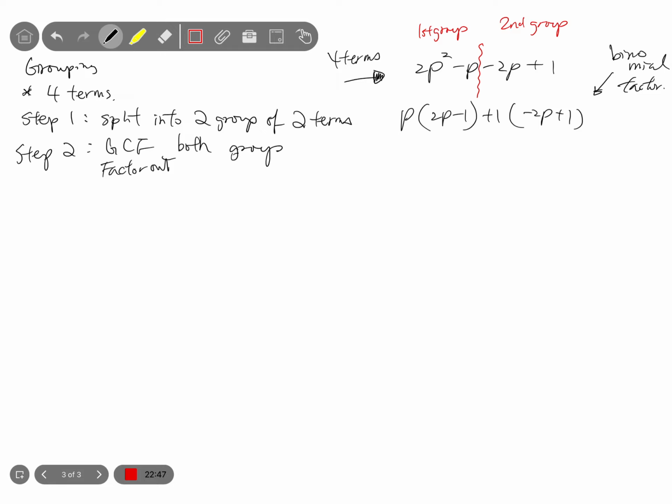So this tells me if the signs are opposite, that means I have to factor out a negative factor. So instead of factoring out a positive 1, I actually need to factor out a negative 1, so I can switch the signs. If I factor out a negative 1, that means I have 2p minus 1 inside. And notice now we have the same.